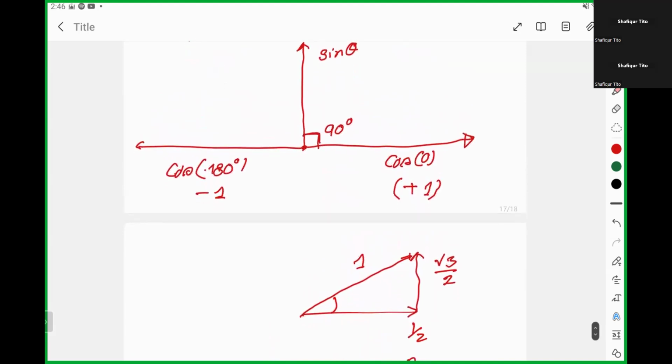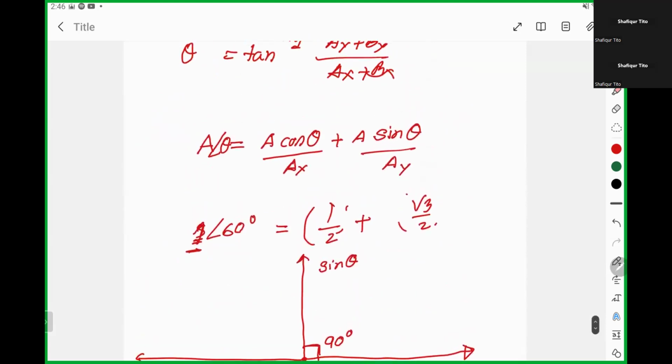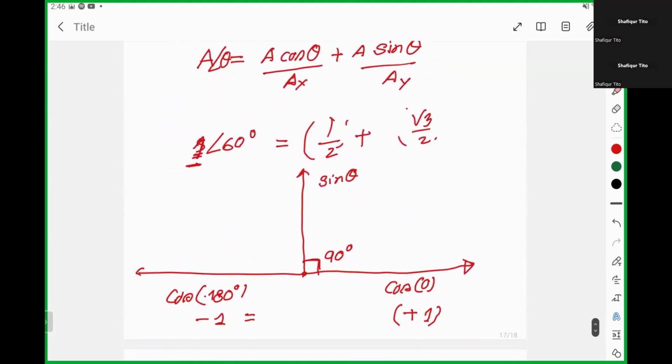Okay, so if I make this one equal to positive 1, this one is the positive 1 and this one is the negative 1. That means if I want to represent any vector in the opposite direction, it has to be multiplied by minus 1, right? So if this direction is the positive 1, then the opposite direction should give me minus 1.